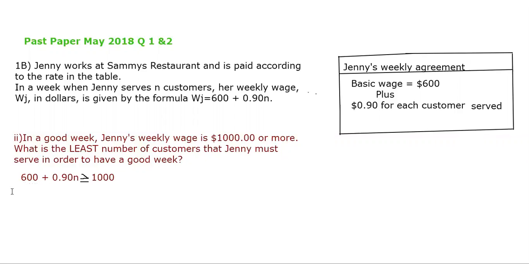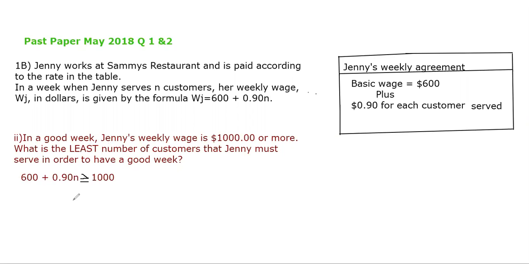The question further asks, what is the least number of customers that Jenny must have in order to have a good work week? I'm going to use my sketching for this. The simple operation we would first do is to find n, because n is what we're trying to find.